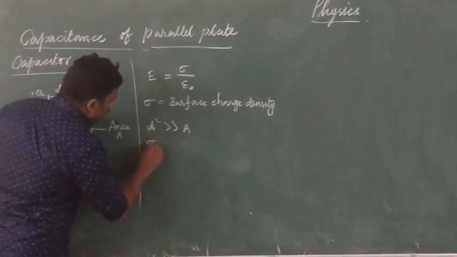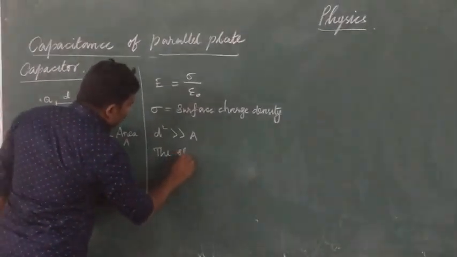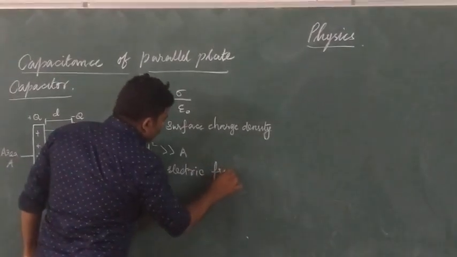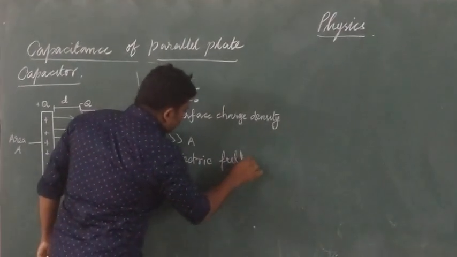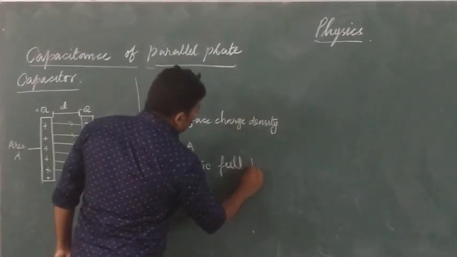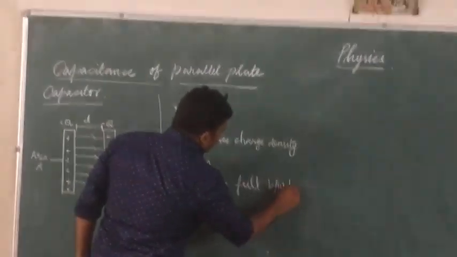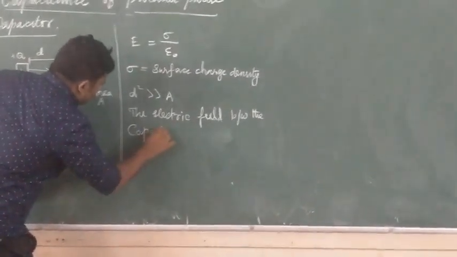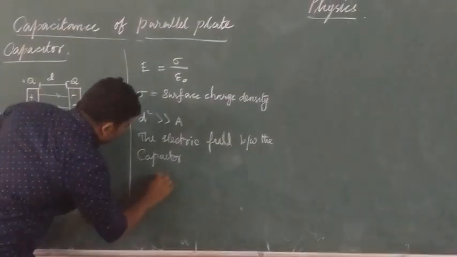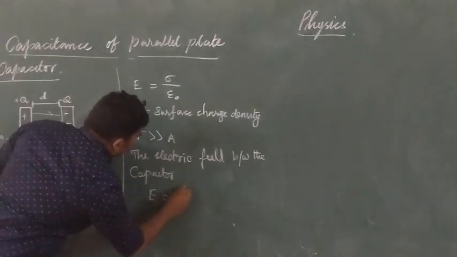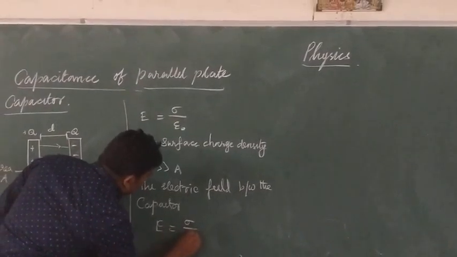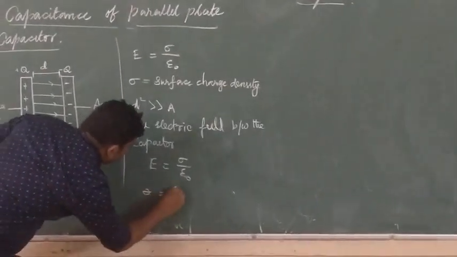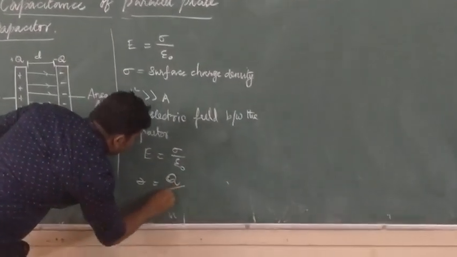So the electric field between the capacitor, E equal to sigma by epsilon naught, whereas sigma is equal to charge per unit area.